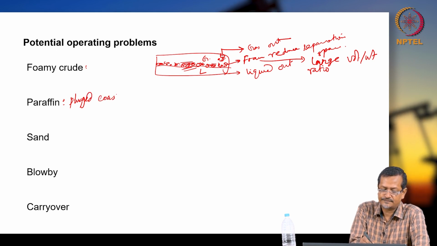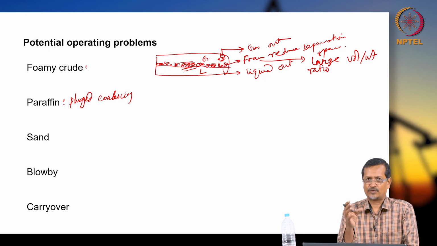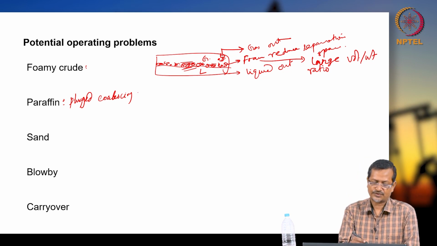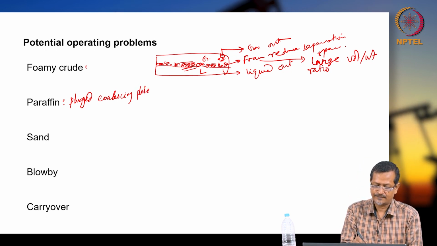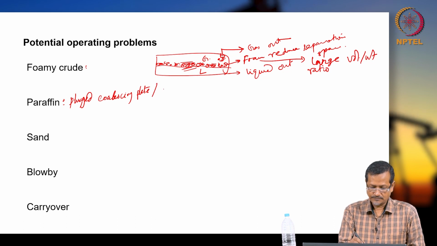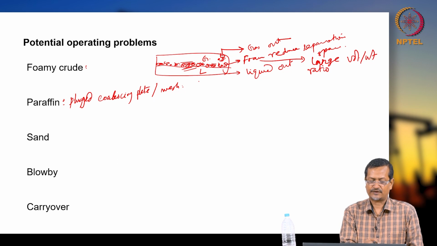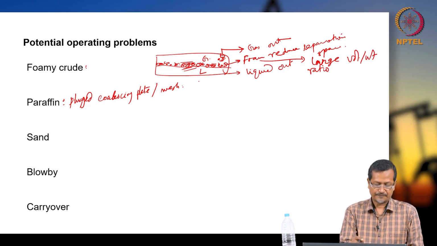Coalescing plates mean particles grow together, mixing together, making the diameter larger. So the coalescing plate, mesh or defoaming plate, they will get plugged.